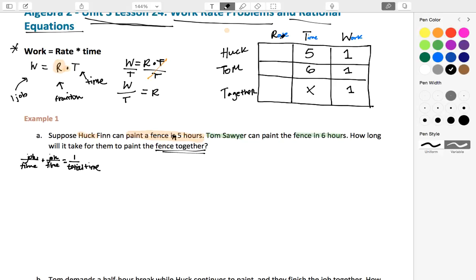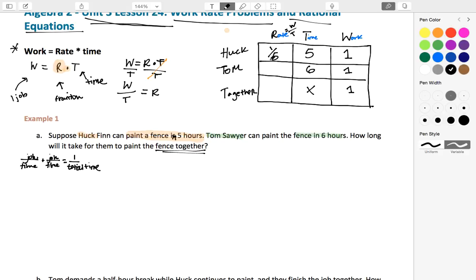Now, see how this is rate? Rate is equal to work over time, right? So essentially, work over time. In this case, this is Huck's rate. It's 1/5. So he can paint 1/5 of a fence per hour, right?